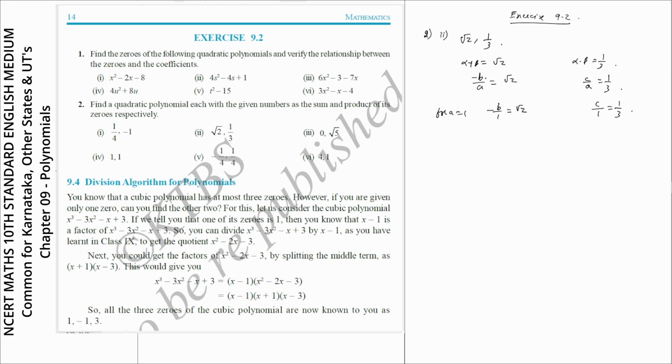So now if I cross multiply, minus b is equal to root 2 into 1, which is root 2 only. So minus b is equal to root 2, or b is equal to minus root 2. Now here c by 1 is equal to 1 by 3, or c is equal to, if I cross multiply, 1 into 1 by 3. 1 into 1 is 1 only. So I'll get 1 by 3.